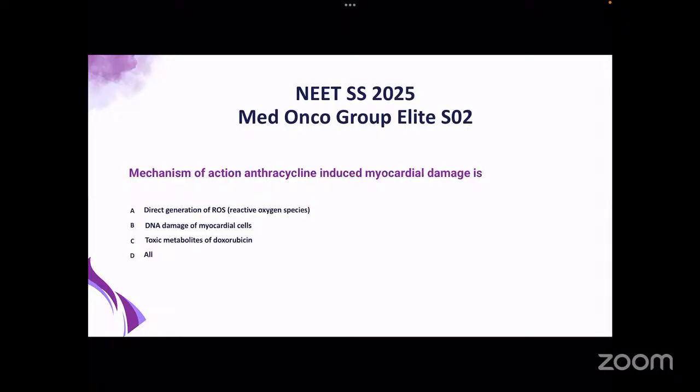What is the next question? What is the mechanism of anthracycline-induced myocardial damage? Okay, so what are anthracyclines? Anthracyclines are anti-tumor antibiotics. What do they do? Anthracyclines go and generate free radicals.